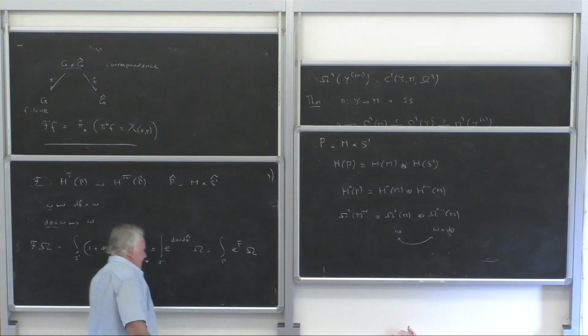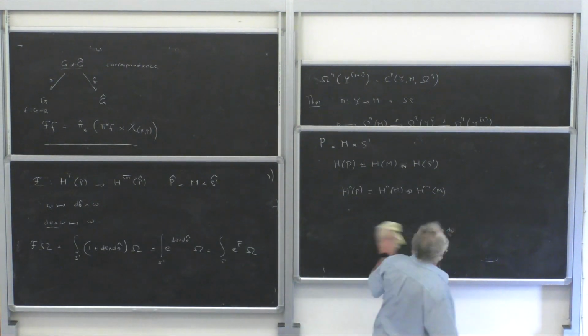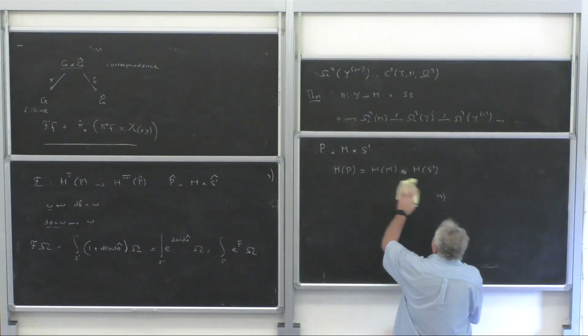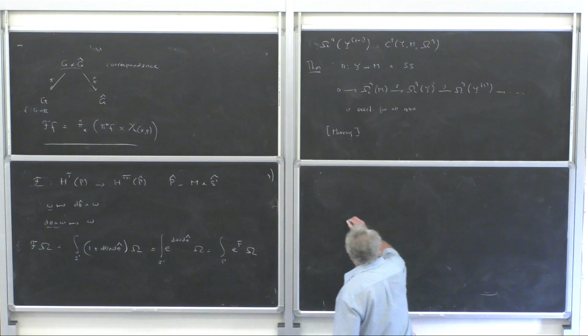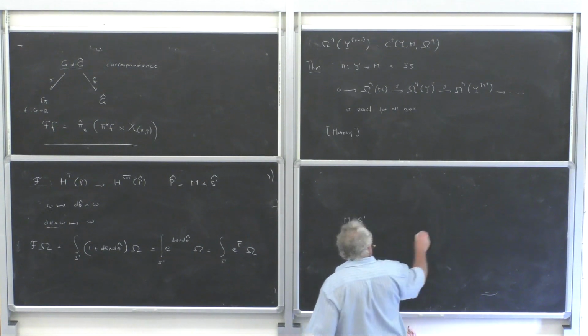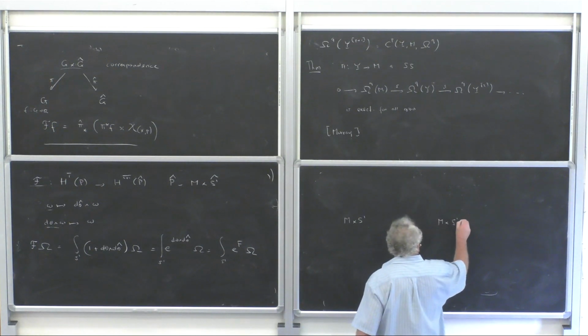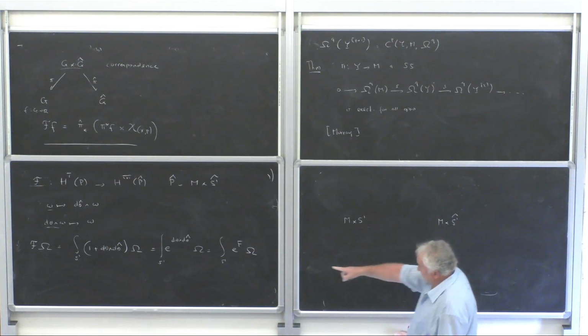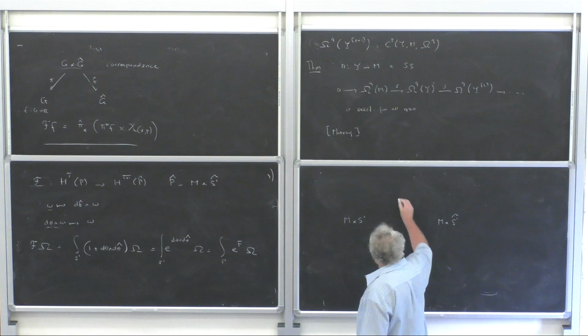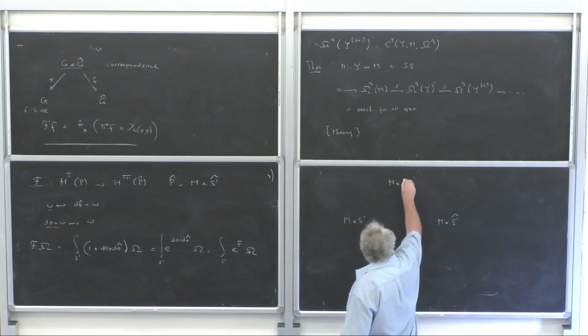So again, what I've done here is I have M cross S1, and I have M cross S1 hat. I have a form here which I'm transforming to a form over there, and I do this through this correspondence space.